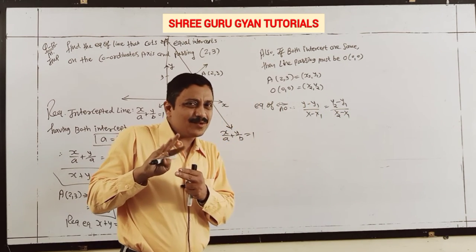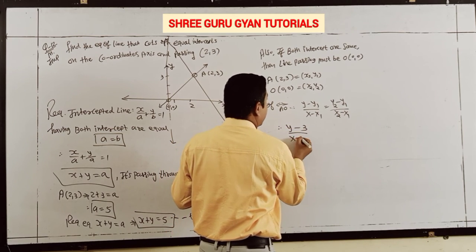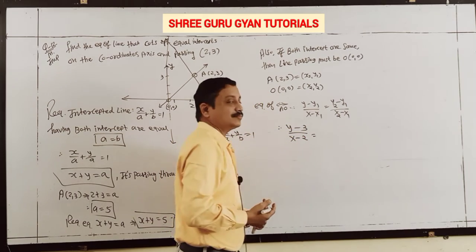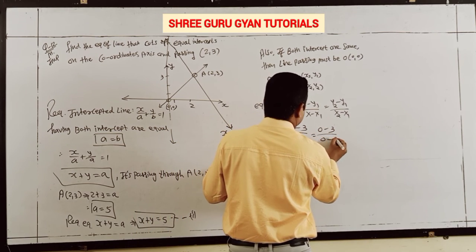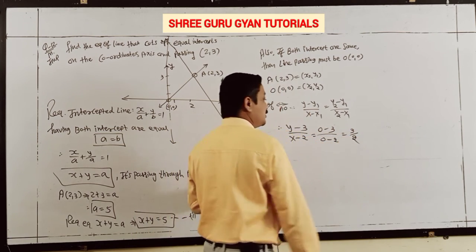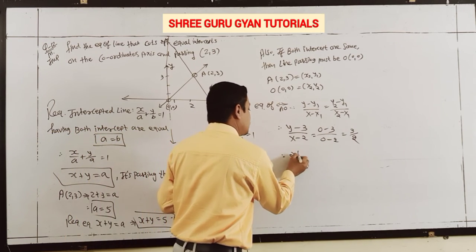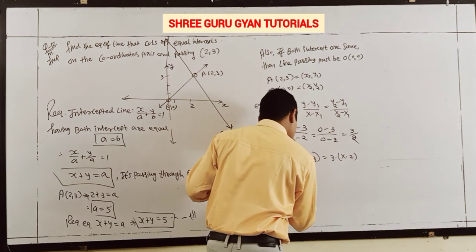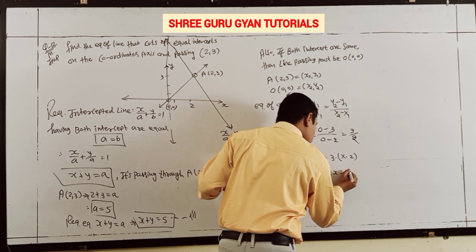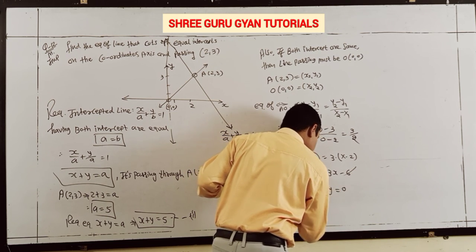Simply apply your values: y minus 3 over x minus 2 equals 0 minus 3 over 0 minus 2, which is 3 by 2. Cross multiply: 2 times y minus 3 equals 3 times x minus 2, so 2y minus 6 equals 3x minus 6. Your answer is 3x minus 2y equals 0.